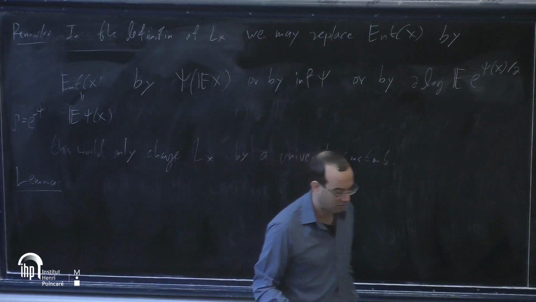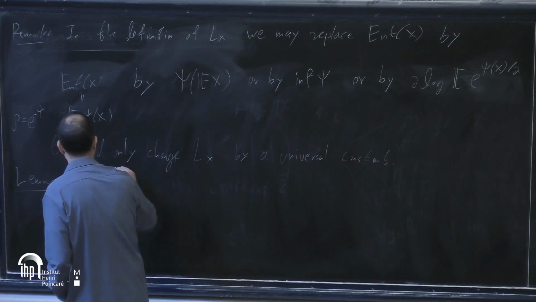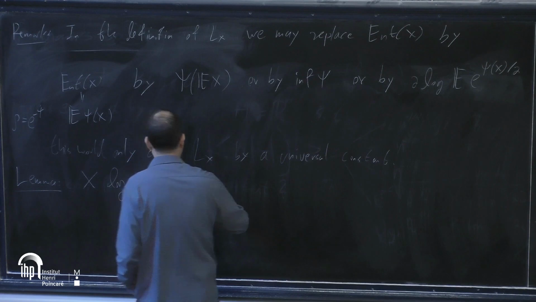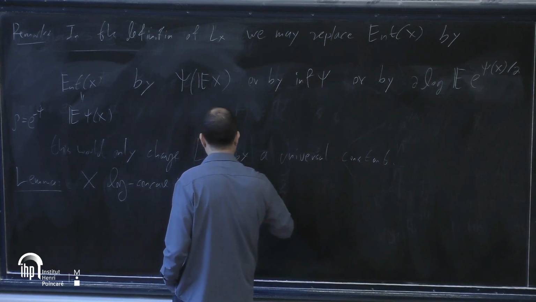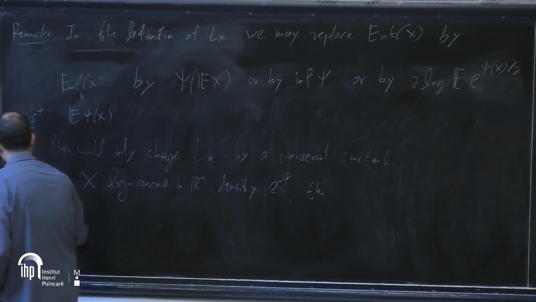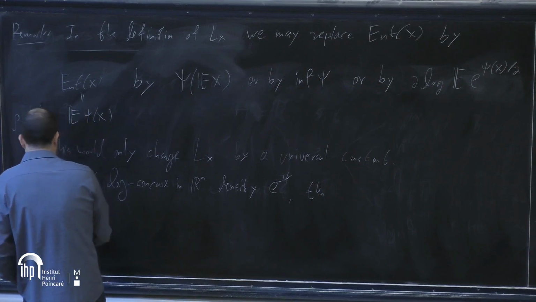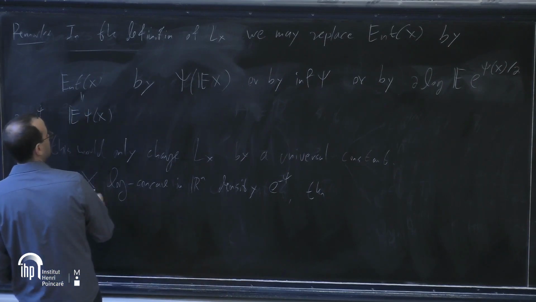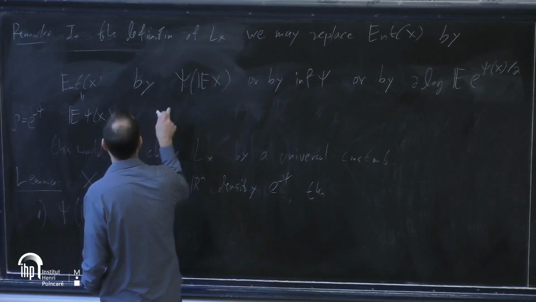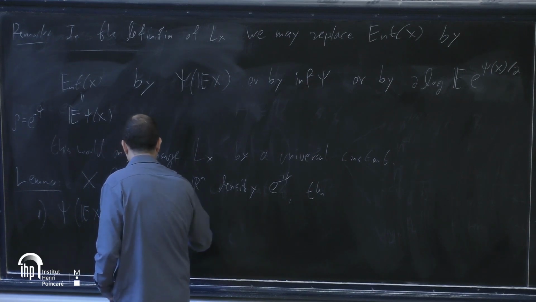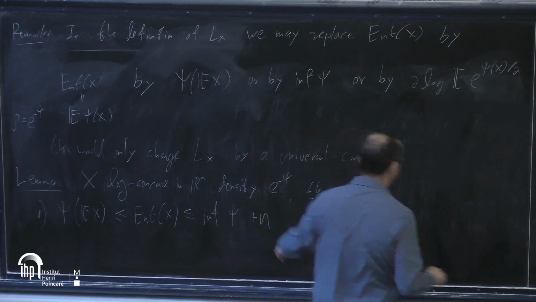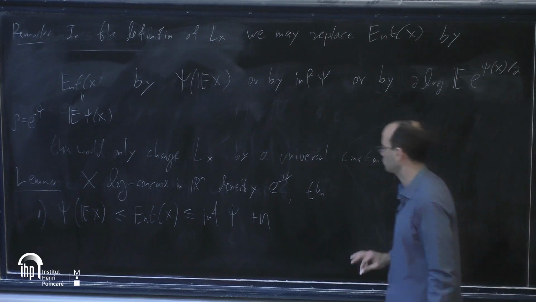The claim is that for any log-concave random vector X in R^n with density e to the minus psi, the psi at the barycenter is at most the entropy, that's just Jensen, and this is at most the infimum of psi plus n. Exactly this plus n means that you get the same isotropic constant up to a constant.